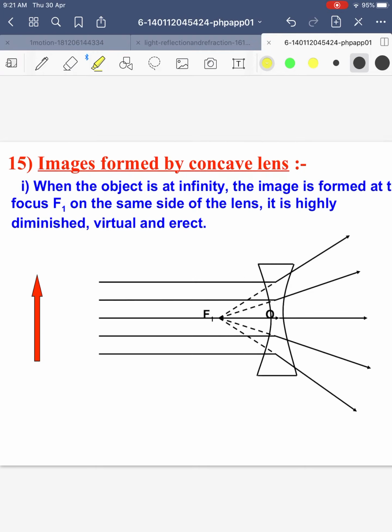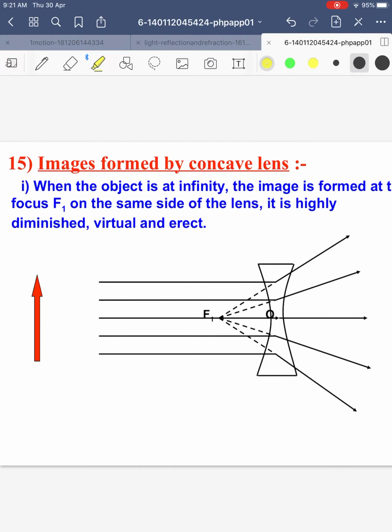It is opposite. If we are talking about a convex lens, it will have image formation similar to a concave mirror, and if we are talking about a concave lens, it will have image formation similar to a convex mirror, always related like that.